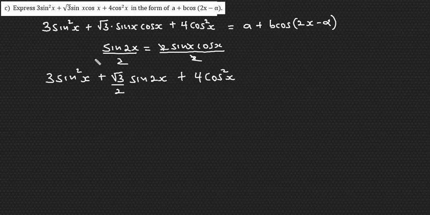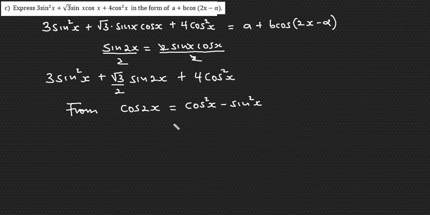Now whenever I say sine squared and cos squared, to get a double angle, think about the cos 2x. We know that cos 2x is the same as cos squared x minus sine squared x, but at the same time it is the same as 2 cos squared x minus 1.